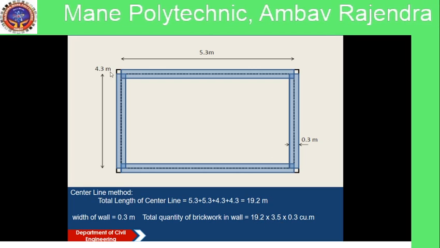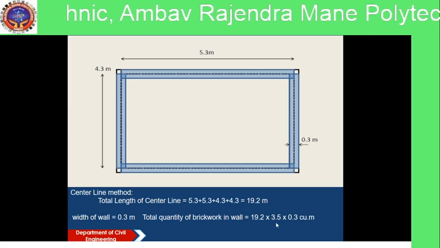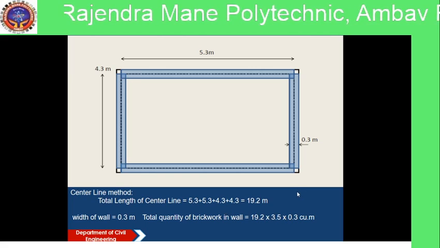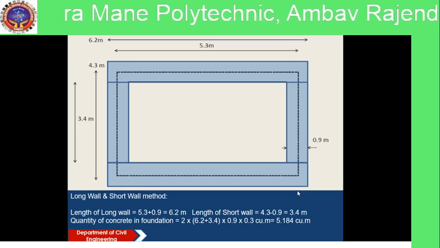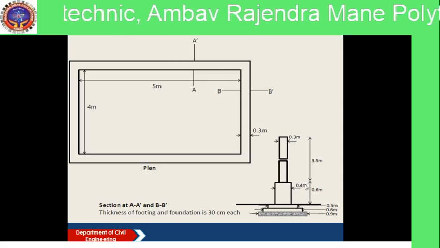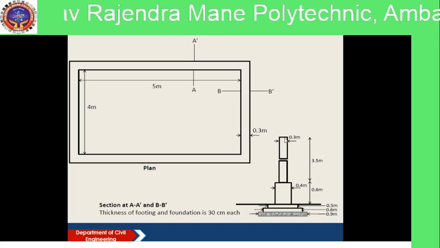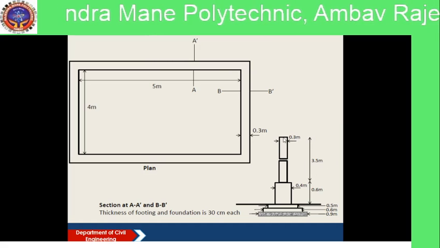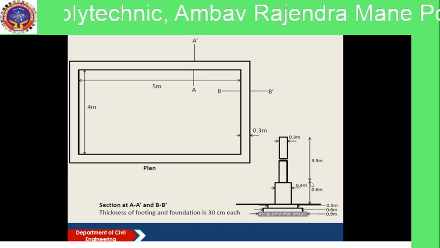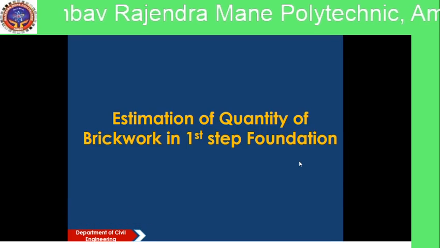Okay, 19.2 is the total center line length, and 3.5 is nothing but the height of the superstructure wall, from the plinth level to the roof level. Okay, 3.5 is the height of the wall.